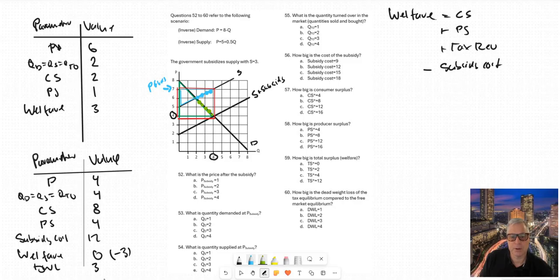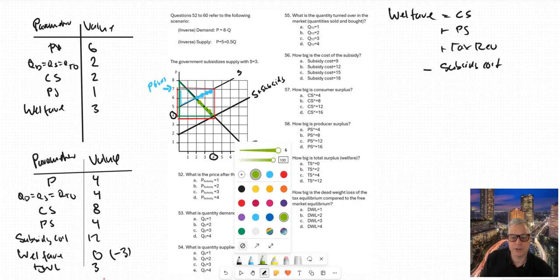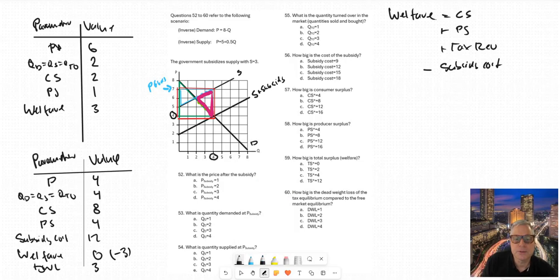And of course, if we try to identify that area, it would be this triangle, and that triangle should be 3. And of course it is 3, because we can decompose this triangle into an upper triangle which has base 2, height 1, 2 times 1 is 2, over 2 is 1.